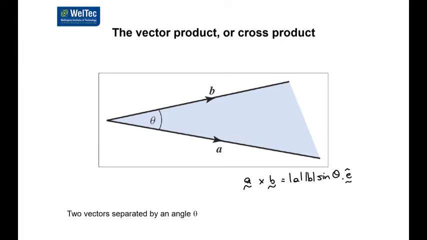And clearly the direction matters, as we'll see in the next slide, that A cross B is not equal to B cross A, it's equal to the opposite of B cross A.